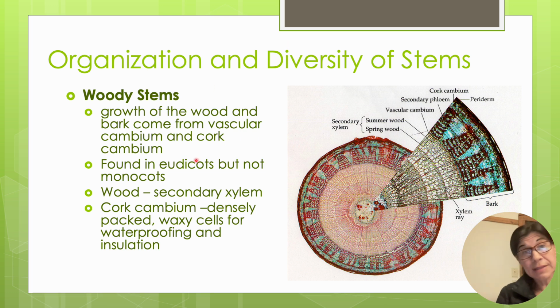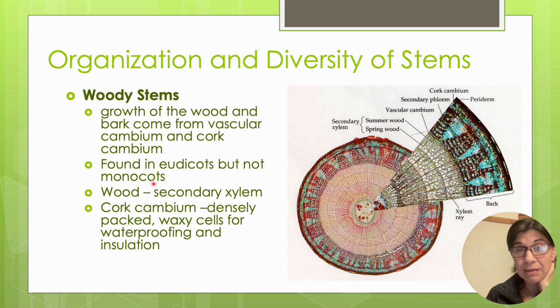Now, plants that are woody, right? In woody plants the growth occurs outward, and this is something that we're going to discuss in lab. You get not only primary growth, which is growth in length, but now you're also getting growth in width, which is secondary growth. So woody plants, look at what it says here, are found in eudicots, but not monocots.